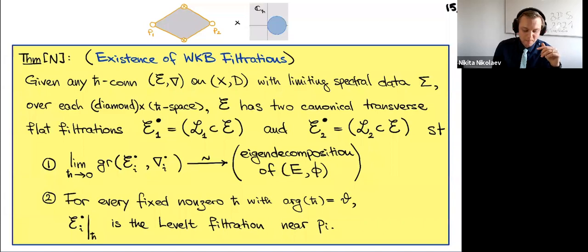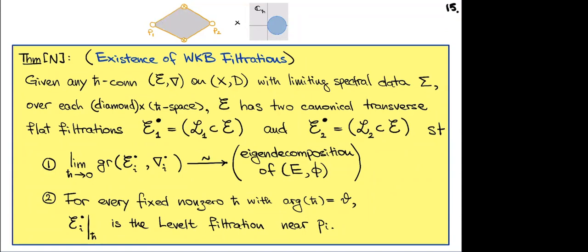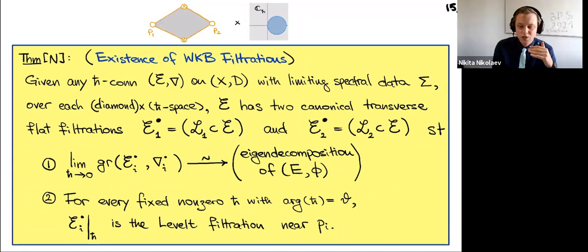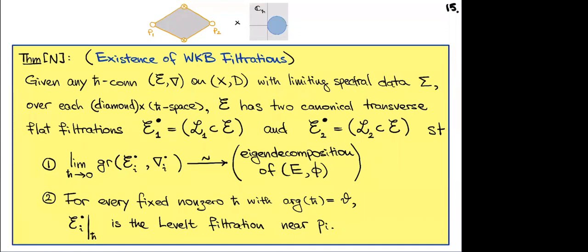So when you have poles, this theorem says that you have these canonical filtrations and they have properties. One of the properties is that when you restrict it near a pole it coincides with the Levelt filtration. But that's a feature which happens in the presence of poles. And if you don't have poles, you don't have that feature, but the filtrations still exist. I see. Okay, so it's not the Levelt filtration anymore. Correct.